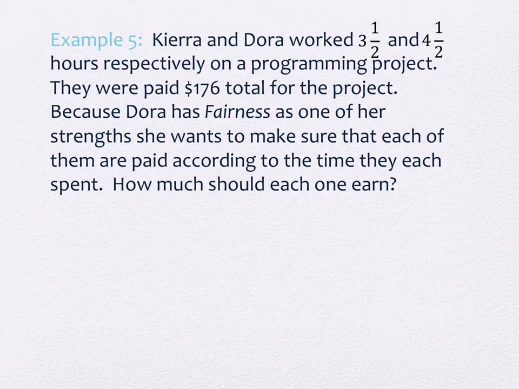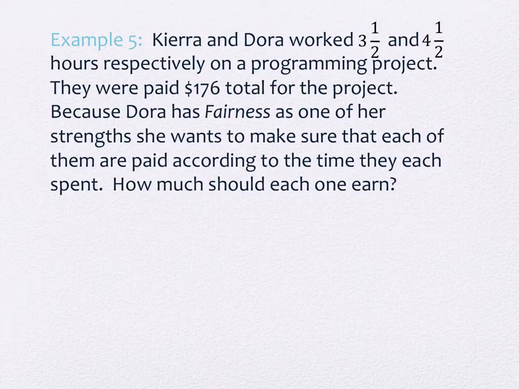I have fairness. It's in one of my top 5. She wants to make sure that they're paid according to the time that they spent. Some of you are like, well, yeah, obviously that's what she wants to do. And others of you are like, oh, why bother? Just split it equally. It's okay. I know you. How much should each one earn if we split it according to the time they worked?